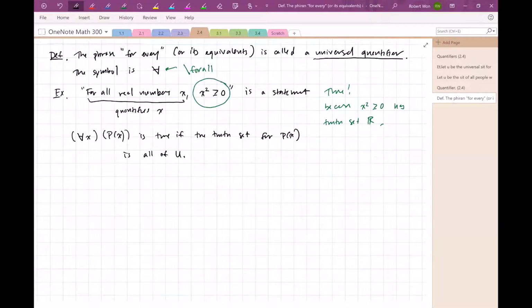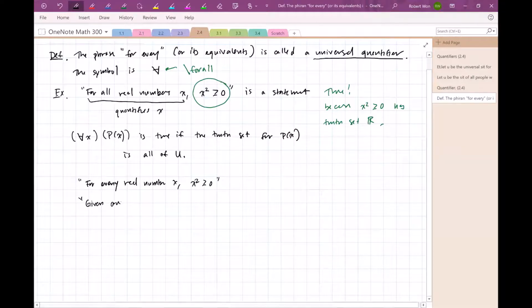So for every real number x, x squared is greater than or equal to 0, or given any real number x, x squared is greater than or equal to 0, or for all x in R, x squared is greater than or equal to 0. These are all examples of the same quantified sentence. Right? These are all the same.